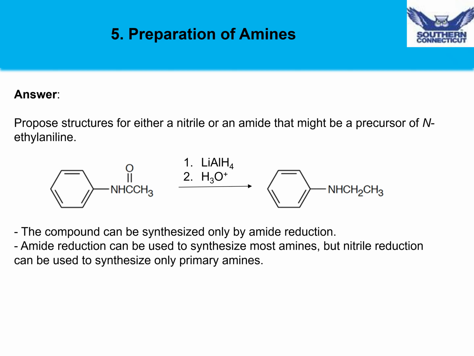In this particular example, we cannot use a nitrile, so the nitrile that perhaps we can try to use would be this one, benzonitrile. However, when we reduce this benzonitrile, we would obtain aniline instead of N-ethyl aniline.